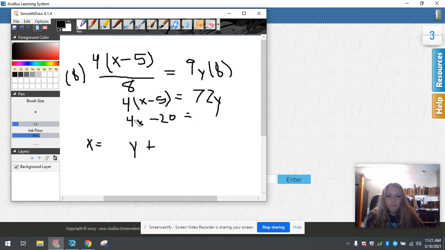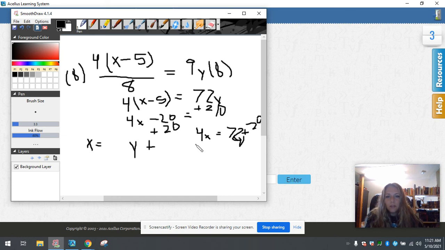Now to get the 4x by itself, I'm going to add 20 to both sides. Then on the left, I'm left with 4x equals 72y. Oops, I'm running out of space. Plus 20.